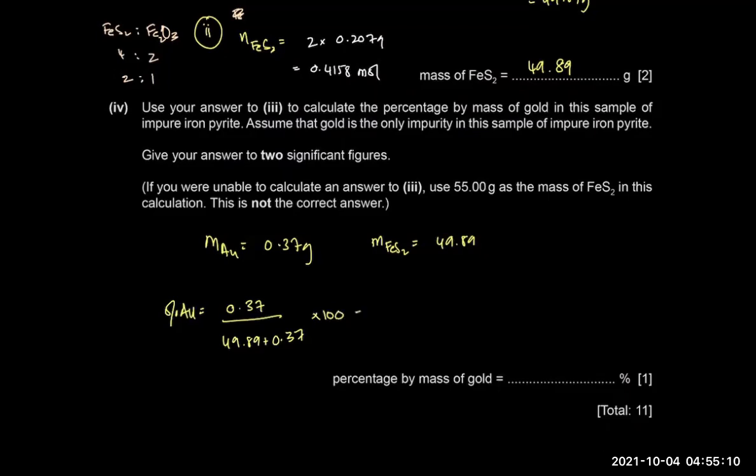What does that come out to? 0.74. Yes, to two significant figures. So 0.74%. So that's the percentage by mass of gold.